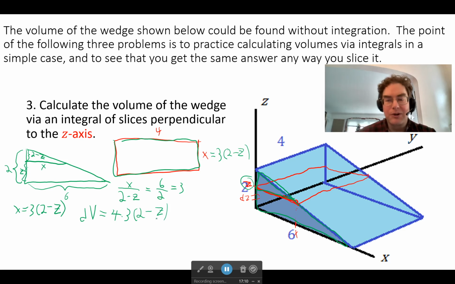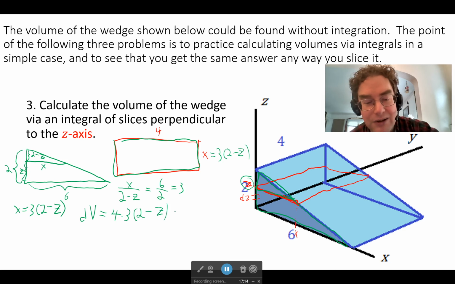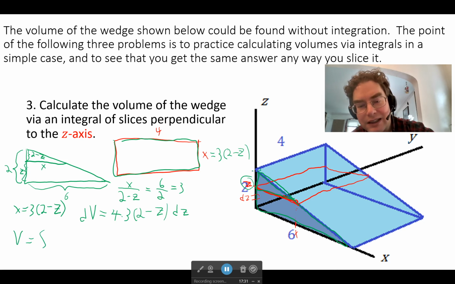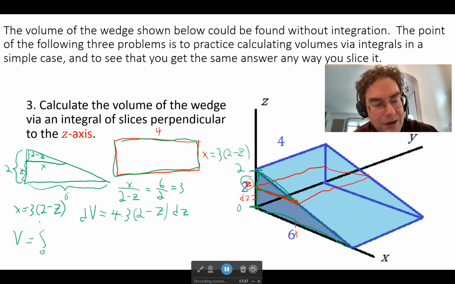And then remember that the height of the slab this time is going to be dz. Again, slicing perpendicular to the z-axis this time means we're going to integrate with respect to z. And so our overall volume is going to be the integral. We can see here that along the z-axis, the extent of our solid is from 0 to 2. So we'll integrate from 0 to 2.